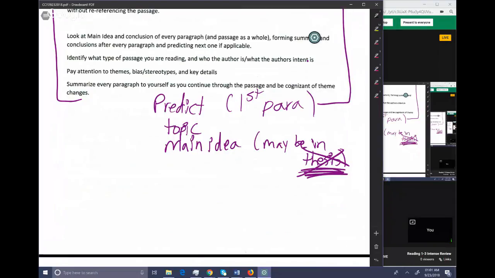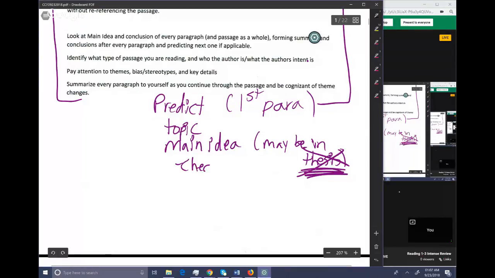It's reasonably easy to tell what the main idea of the whole thing is going to be from the intro. One of the questions I get sometimes, if you're in secondary reading, you may have asked me, is: are there cases where I'm wrong about my main idea in the first paragraph because I didn't have the info that I needed? Yes. And I mentioned this in Reading 1. I talk about checking back.